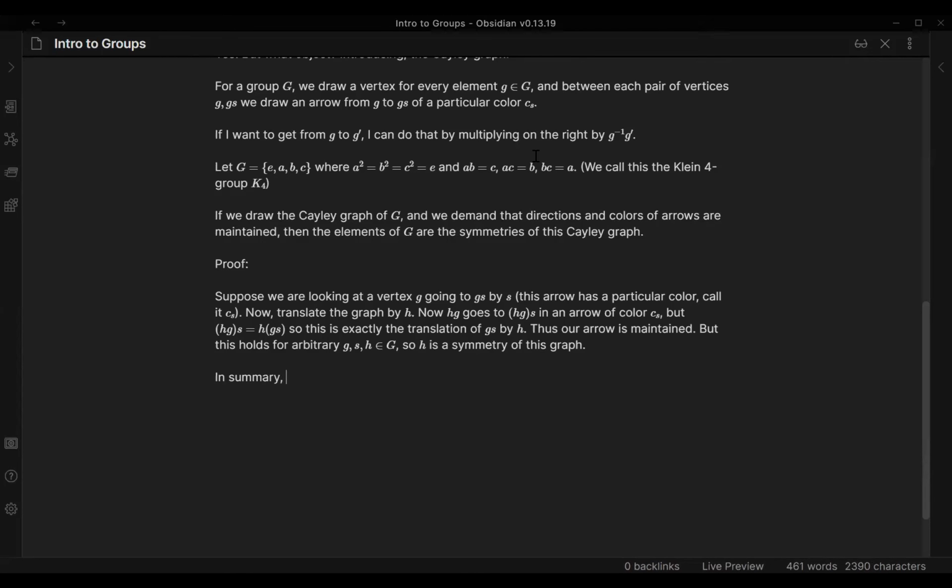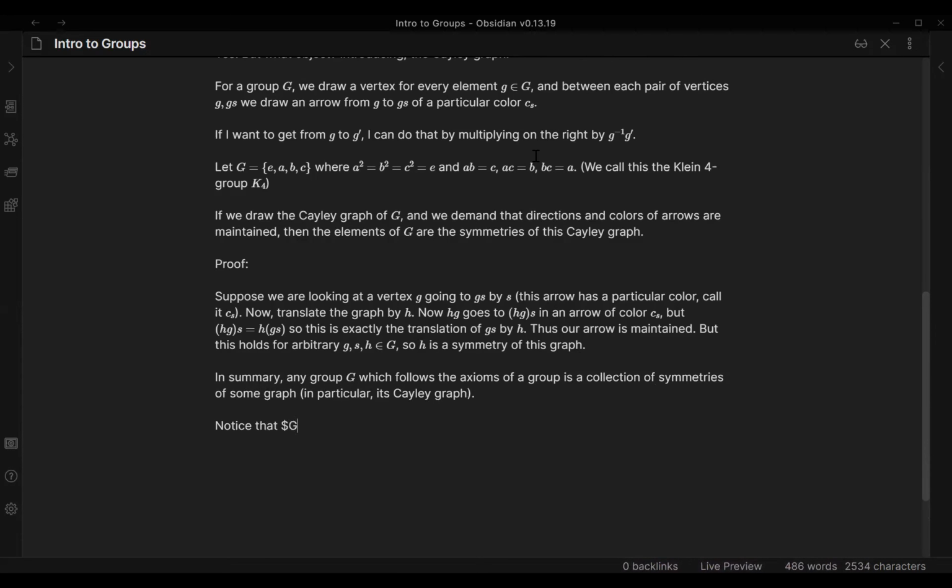In summary, any group G, which follows the axioms of a group, is a collection of symmetries of some graph. In particular, its Cayley graph.